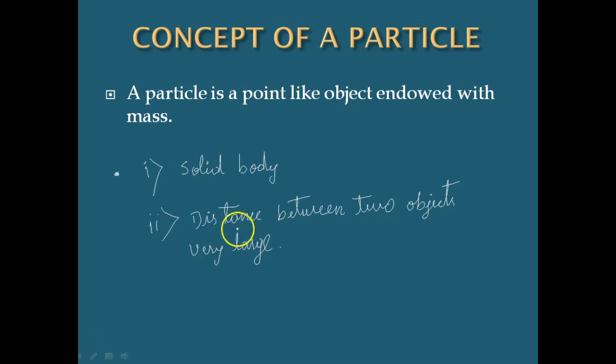For example, while calculating the gravitational force between the sun and the earth, both of them can be considered as particles. If I want to calculate the gravitational force between the sun and the earth, then we can consider these two as particles because the distance between them is very large compared to their sizes.